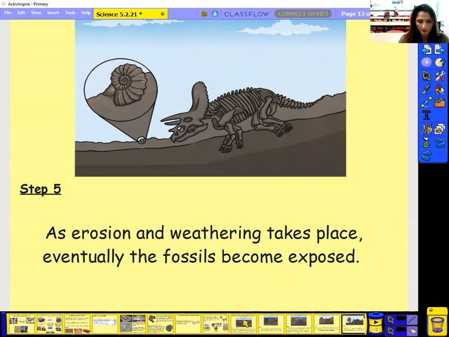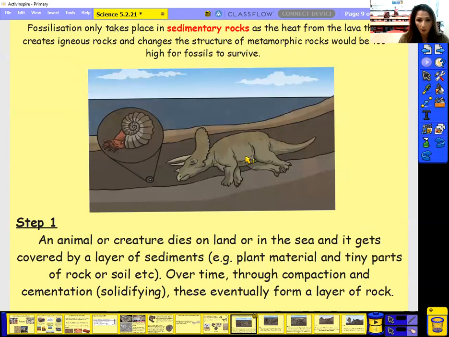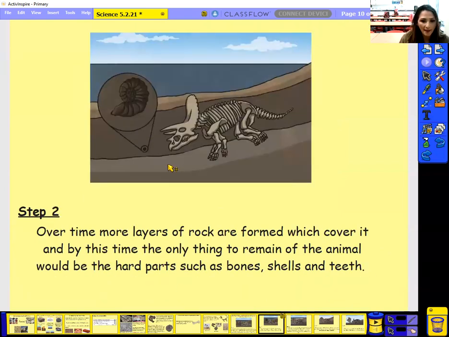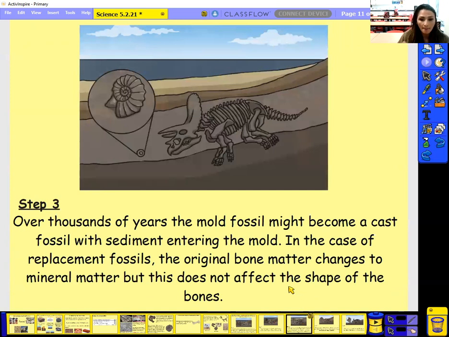So let's have a quick recap. So what happens? Poor Mr. Dinosaur dies, okay, or this little shell dies, okay? And over time, soil starts to build up. Then what happens is that it solidifies, okay? It gets hard, okay? And then what is left is the bones, okay? The bones, the teeth, the shell. Then what happens, the fossils, the bones, sorry, over time, the rock starts to mold around the bone, okay?